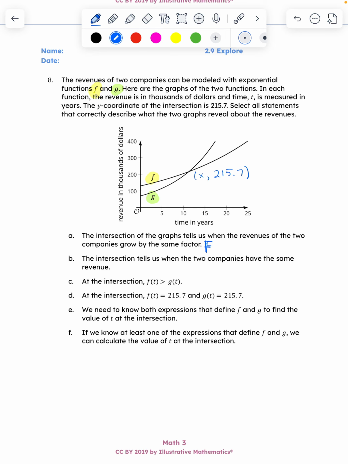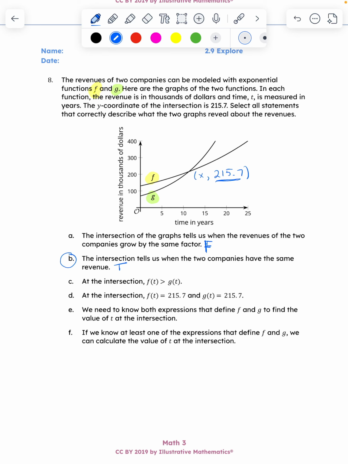And that's exactly what we know from B. So I'm going to pick B as true. Okay. At the intersection, is f of t greater than g of t? Well, no, at the intersection, we just said they're the same. They have that same y value. The functions are equal to each other at the intersection.